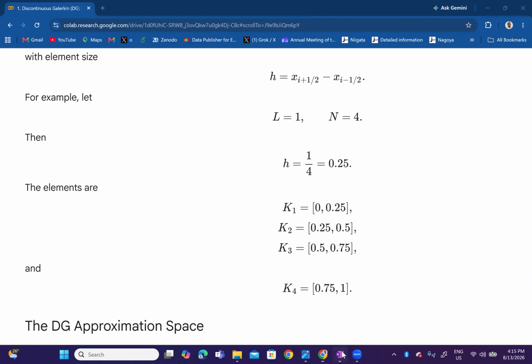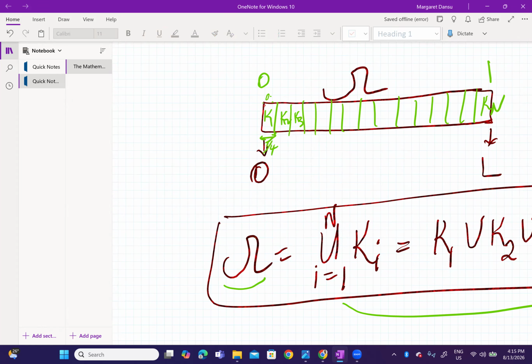So for this we have 0 to 0.25, then 0.50, 0.75, 1.00, and it keeps going just like that.